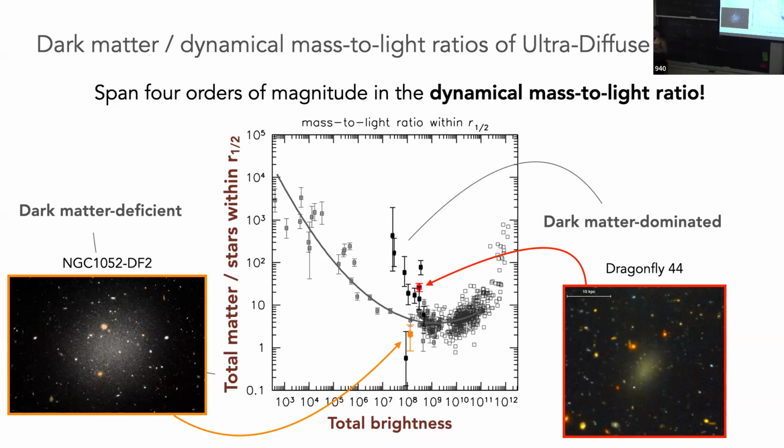Okay, I'm sorry, I'm really confused. What is the line? What is that? Oh, these were like all kind of literature values. Okay, so why do we expect it to have that behavior actually? I mean, that's like star formation, you know, dwarf galaxies are not very efficient at forming stars, so they are dark matter dominated.